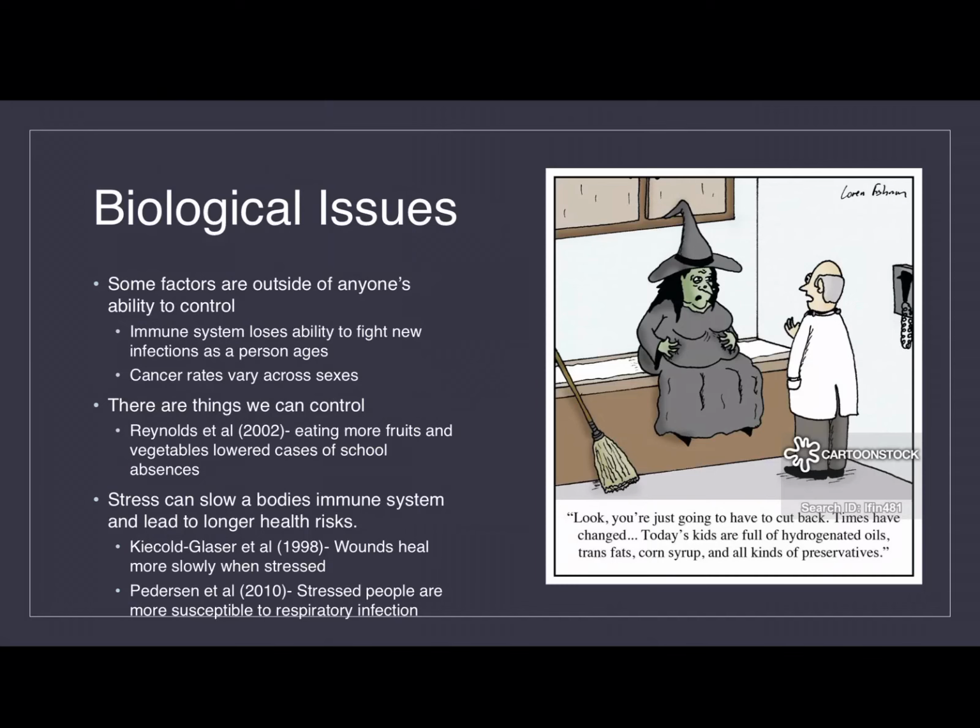Right? There are things that are in our control. Certain nutritional elements, what we choose to eat, our eating behaviors, right? Certain foods will impact our bodies. So for example, Reynolds did a study looking at school nutritional programs, specifically with a fourth grade school within a county, and so used 4 different schools and evaluated training on nutrition, the importance of eating fruits and vegetables, making sure that it was supplied free to the school, and so all students had fruit supplied during their lunch and their snack times.